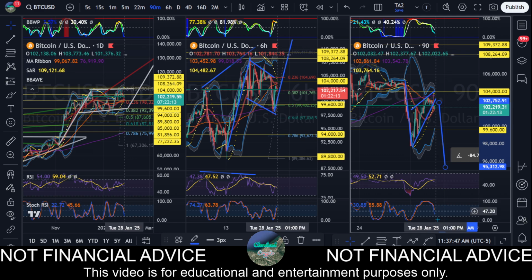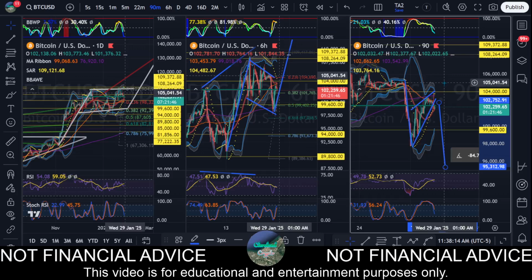If we can see the stochastics come down, start to curl in oversold territory and curl back up, then we could say the RSI might catch here on the 50, and we might see this being the next higher low that we are looking for. Otherwise, we're looking for that next higher low at 99.6.